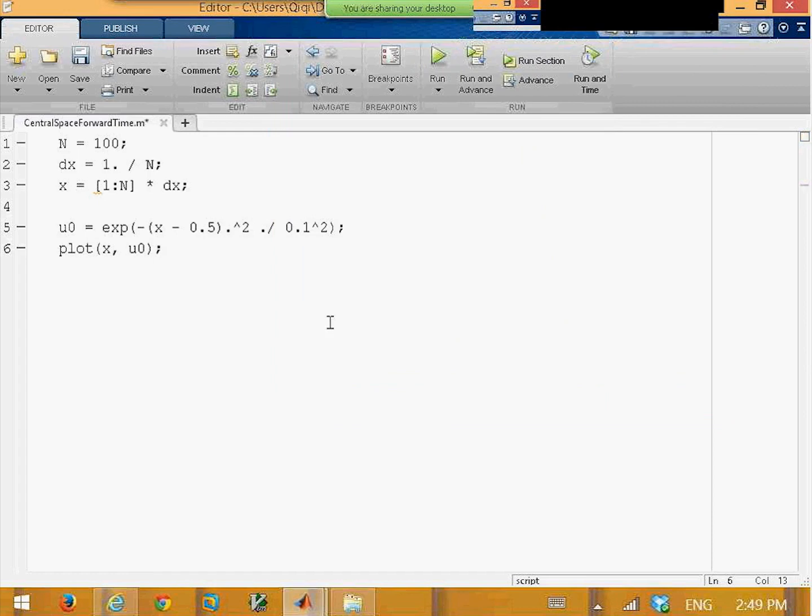Okay, so let's decide on the time step. What do you guys want for the time step? 0.1. All right, let's go for i goes from 1 to 1 over dt. So let's simulate it for 1 time unit, because the speed of the solution going towards the right is 1.